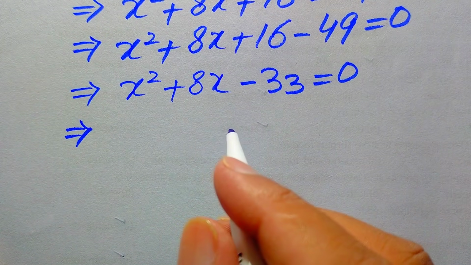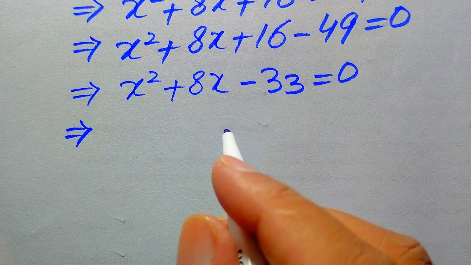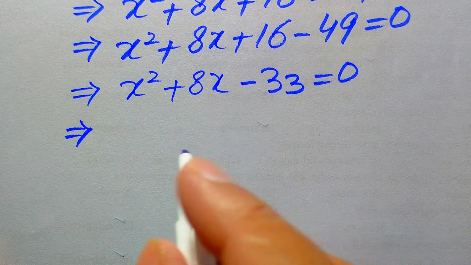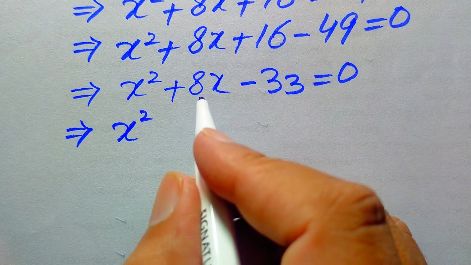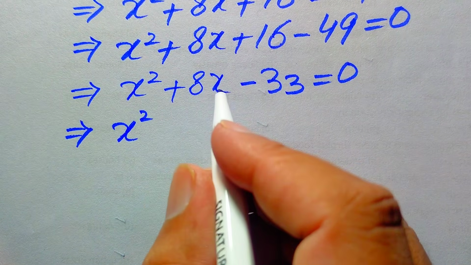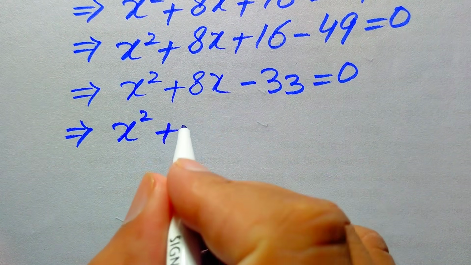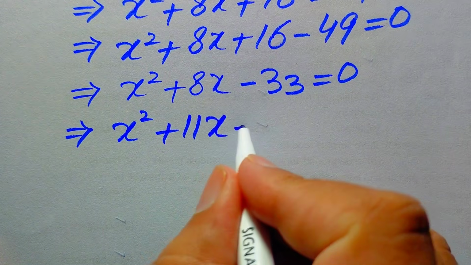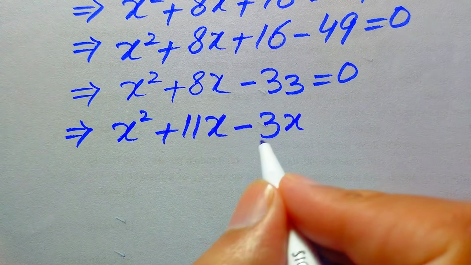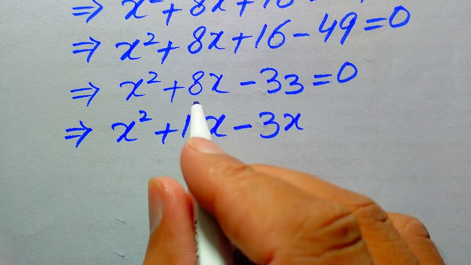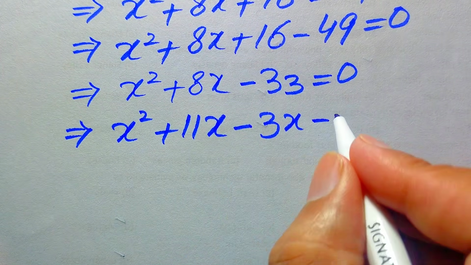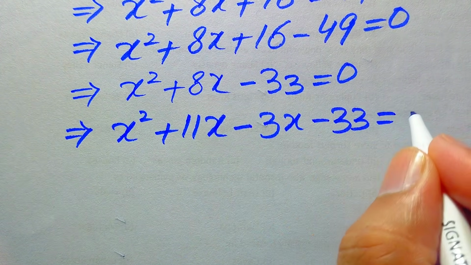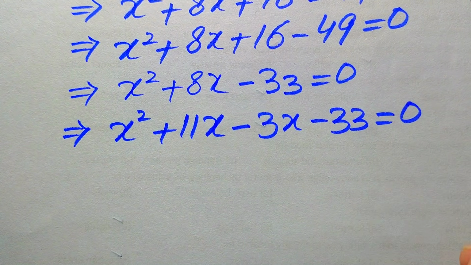For this we break the middle term, which is +8x, and write it as +11x − 3x. You see that 11 − 3 becomes +8, and 11 times −3 becomes −33, and this whole equation equals 0.